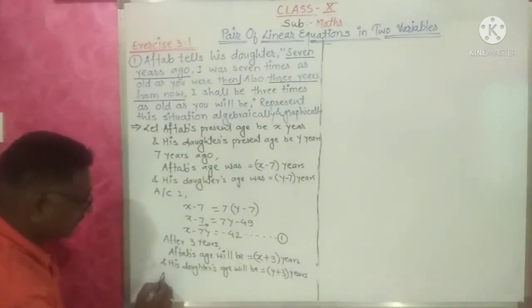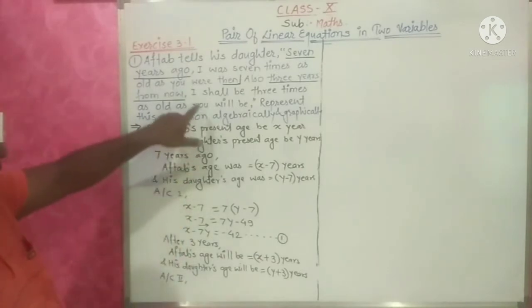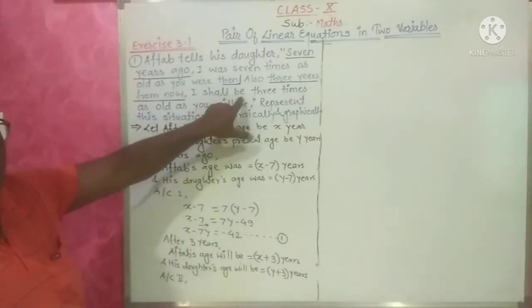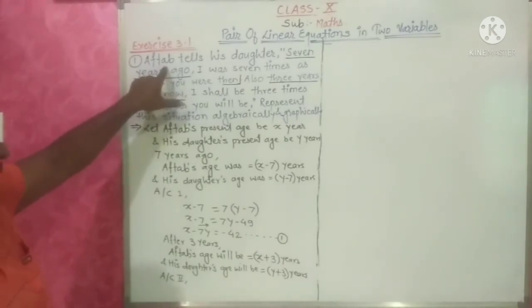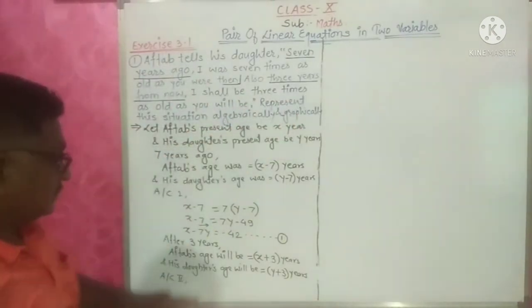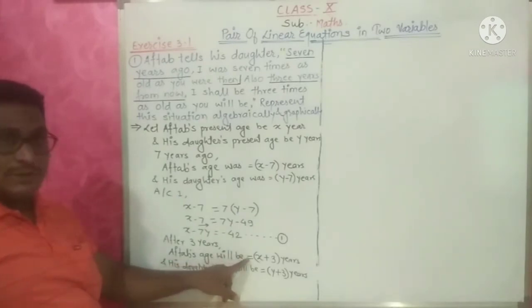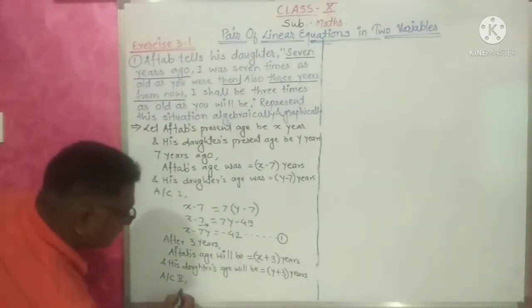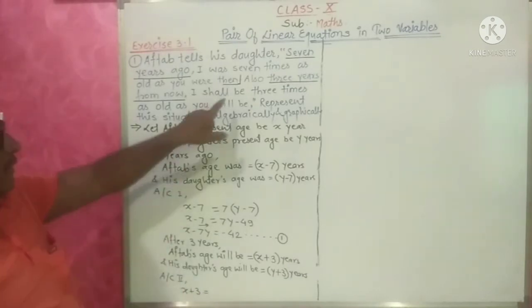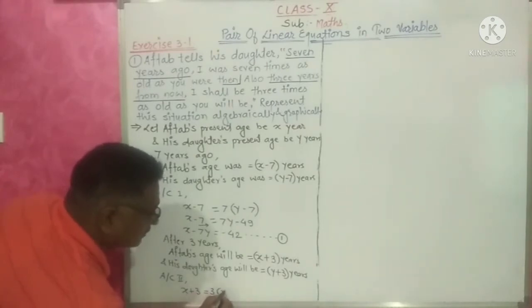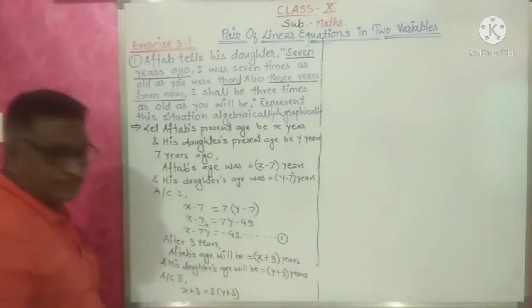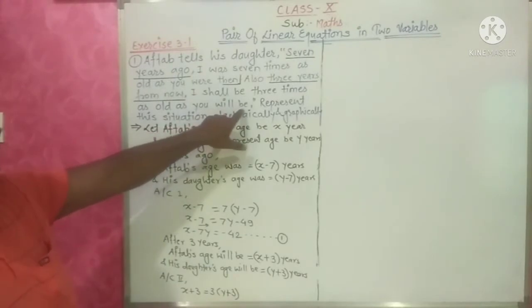According to condition 2: I shall be 3 times. I means Aftab, whose age is x plus 3, and 3 times the daughter's age, y plus 3.